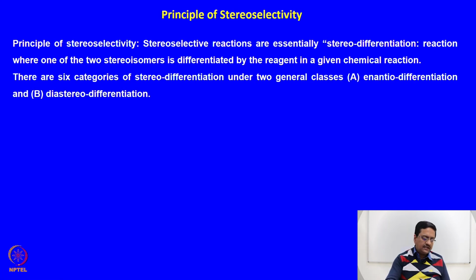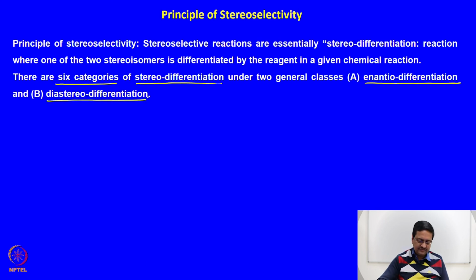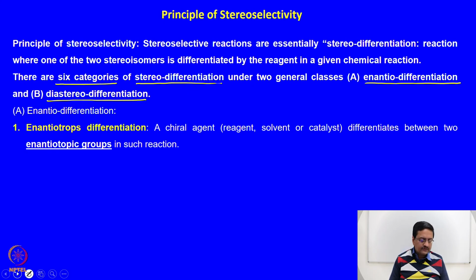So there are in general 6 categories of stereo differentiation under 2 general classes, which are called enantiodifferentiation and diastereodifferentiation. So let us see what is called enantiodifferentiation. Under enantiodifferentiation, there are 3 types of differentiation reactions.